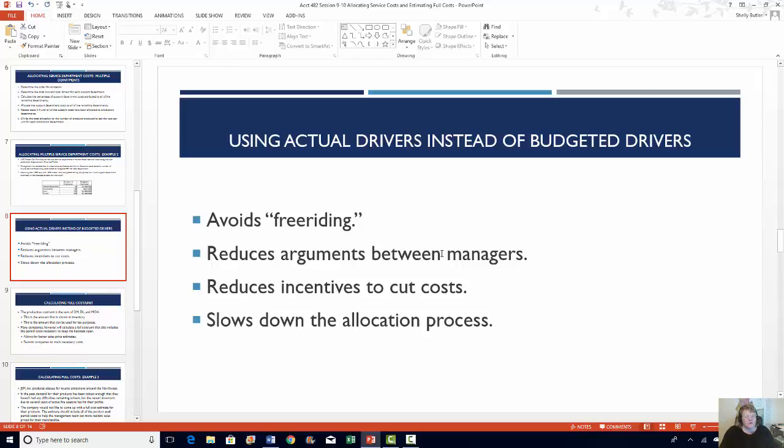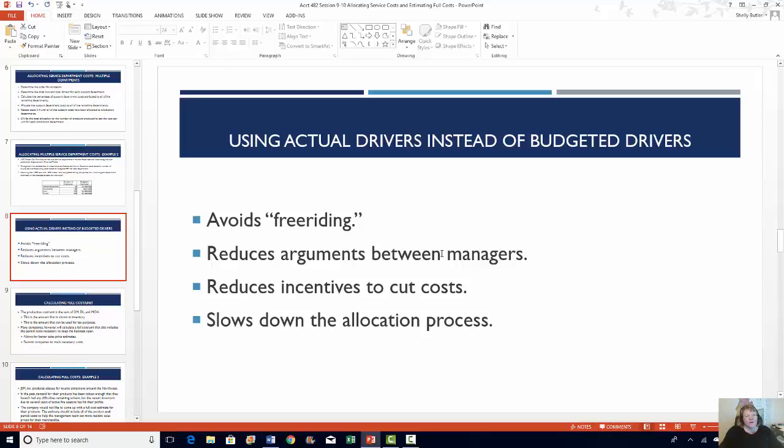And it reduces arguments between managers because I can guarantee you, if you're a manager and somebody says, "Well, no, we want to budget less money for you and more money for my department for service departments," you're going to say, "Wait a minute, I don't want more service department costs budgeted to my department." Because if you have more service department costs budgeted to your department, other people have less.